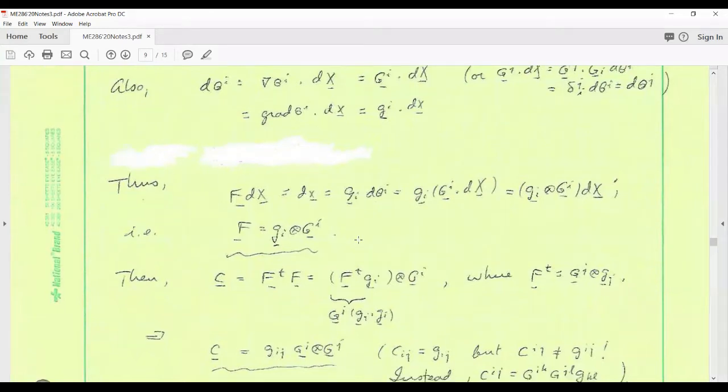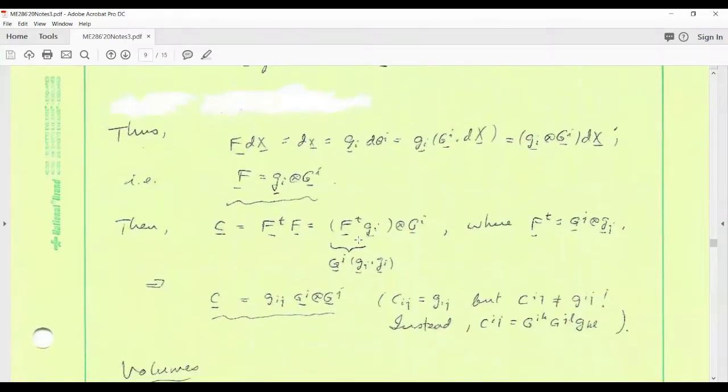From this, we can now compute an expression for the right Cauchy-Green deformation tensor, F transpose F. So I write F transpose on this product. That brings in F transpose operating on the small g's. That gives 3 vectors, and then tensor product of the capital G super I's, and then sum on I. So here is F. The transpose is obtained simply by interchanging the factors in the tensor product.